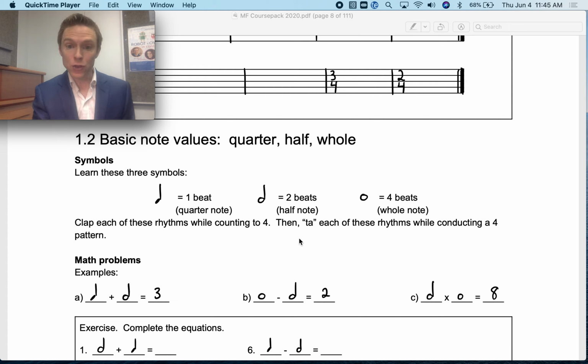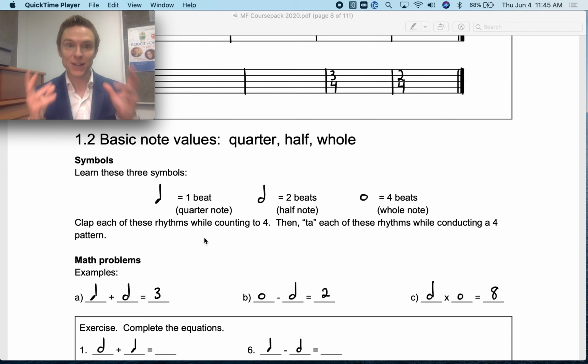The next variation is to conduct and ta these rhythms. So you're going to be using your voice, of course, and you're going to be conducting a 4 pattern. So we were counting to 4. That's one way of representing that beat pattern, but another way, of course, is to use our down, in, out, up pattern. So we're going to ta each of these rhythms while conducting that 4 pattern.